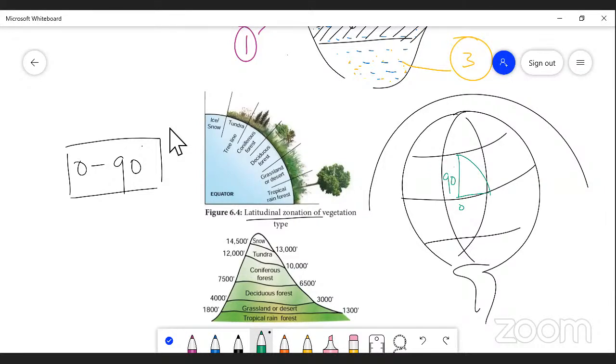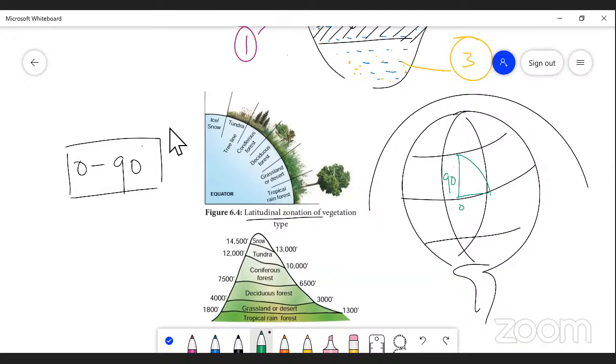By an angle of 0 to 90 degree, what vegetation is determined by the exposure to temperature?